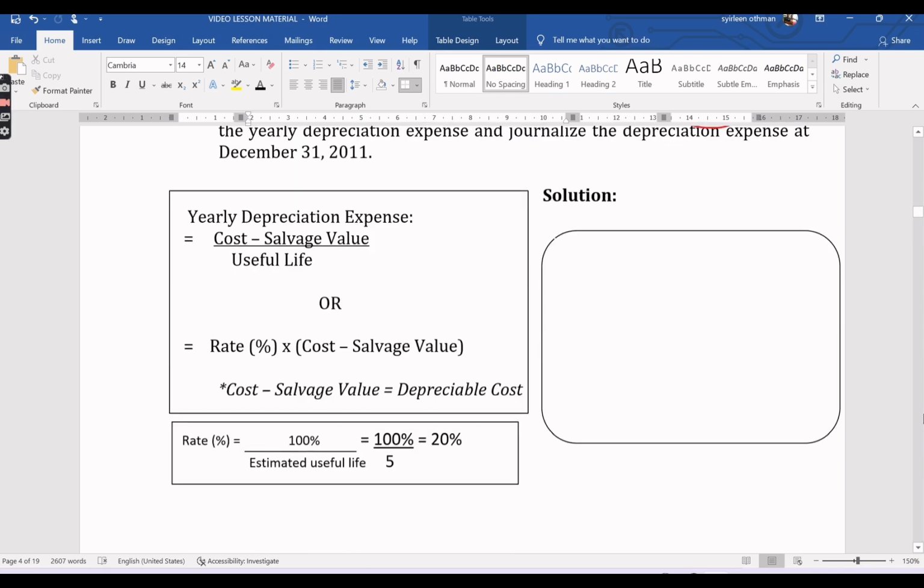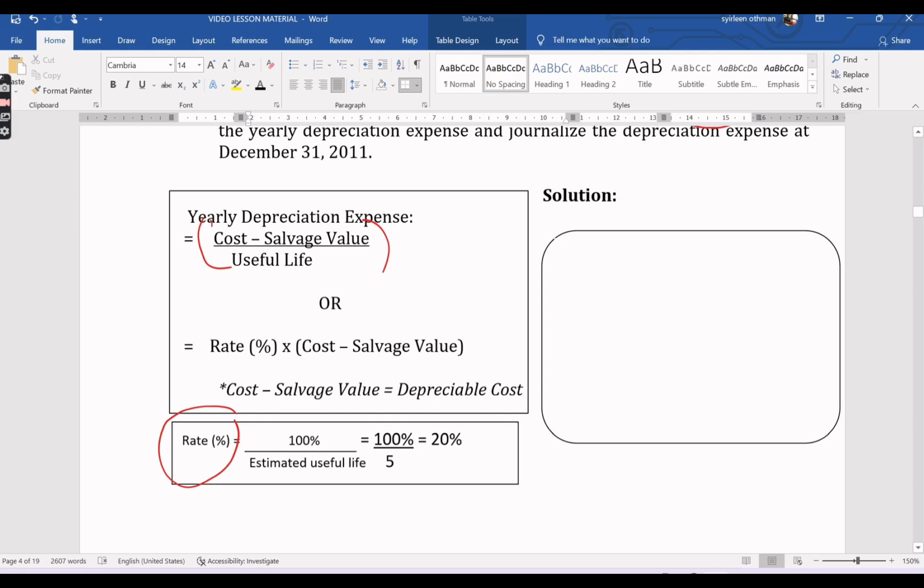So there are two ways. You can straight away calculate using the formula here, or you can first find the rate of depreciation. How do you calculate the rate?